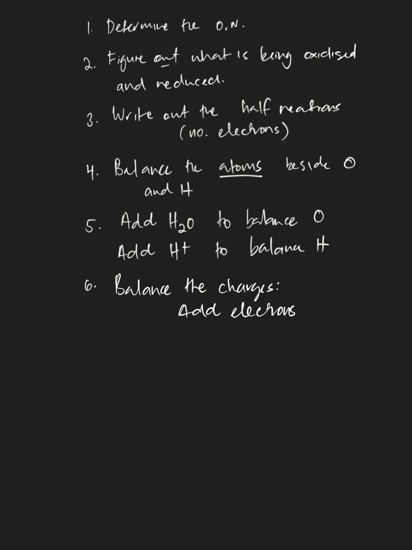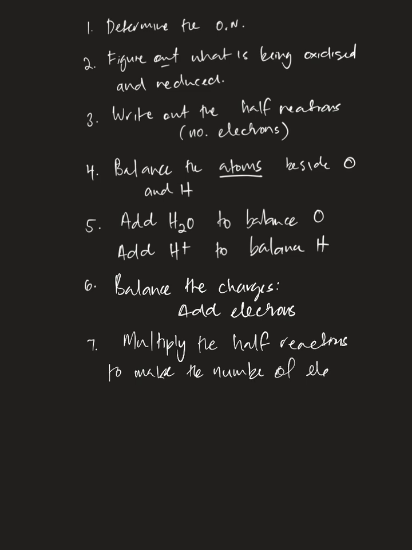Once that's done, the next step you need to do is multiply the half reactions, right, to make the number of electrons of both half reactions equal.